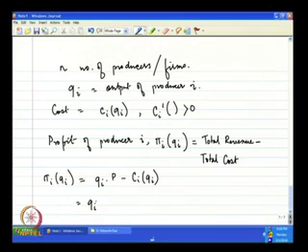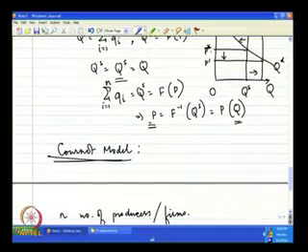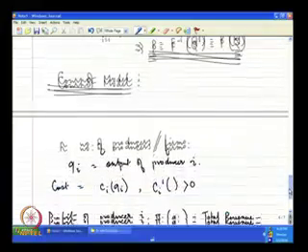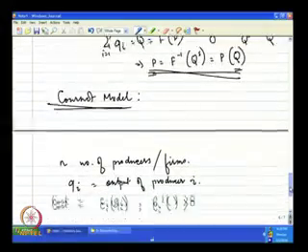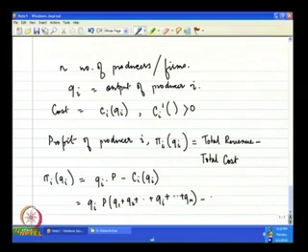Now what is P? P, now if you remember, is the equilibrium price in the market. This is the price which will prevail in the market if I produce Qi and other producers are producing their Qs. So it is a function of Q1, Q2, up to Qi and Qn, minus Ci(Qi).